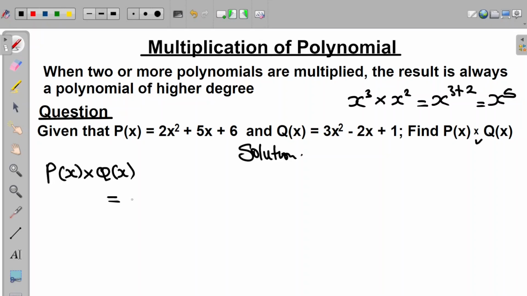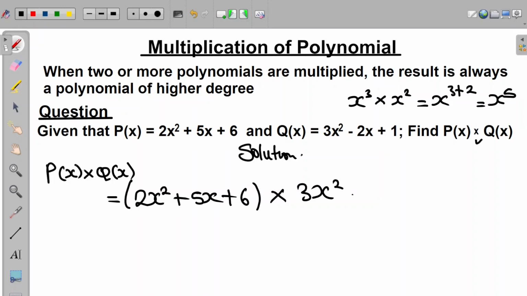So this will be equal to 2x squared plus 5x plus 6, all enclosed in a bracket, multiplied by 3x squared minus 2x plus 1, everything enclosed in a bracket.